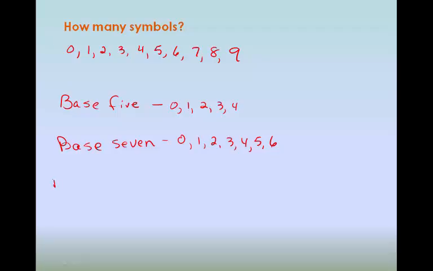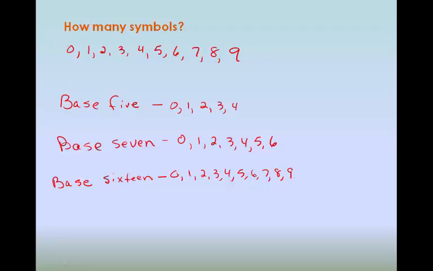Now what if we have a base that needs more symbols than our familiar base 10 symbols? Say base 16. Then we still start with 0, 1, 2, 3, 4, 5, 6, 7, 8, 9, and that just gives us 10 symbols.